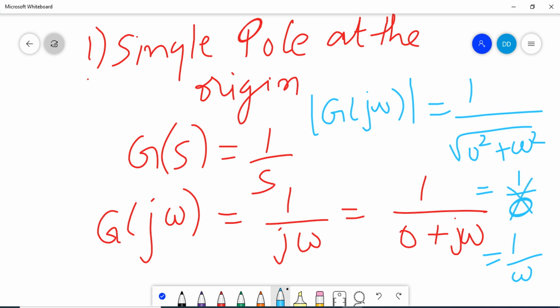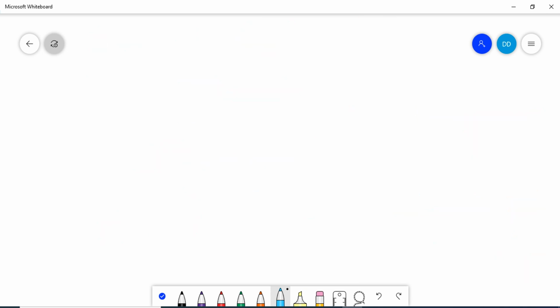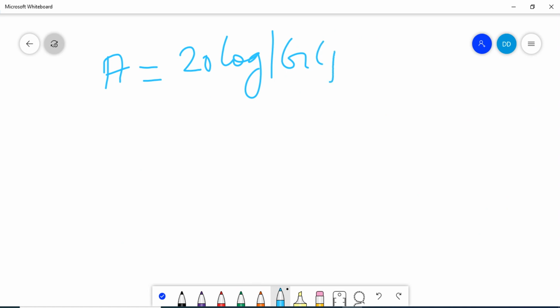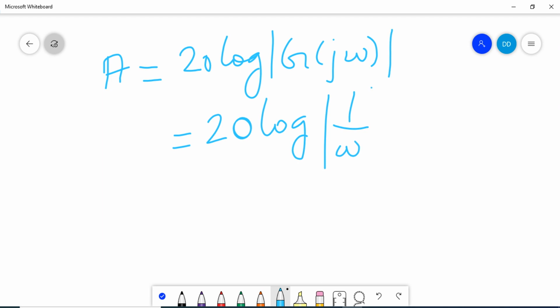So what is the magnitude in decibels? Magnitude in decibels is given by A equal to 20 log magnitude of G of j omega, which becomes 20 log 1 by omega in decibels.